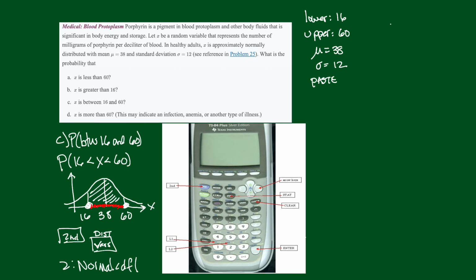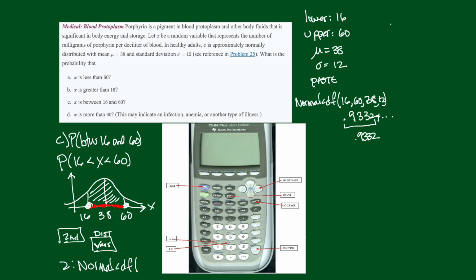And when you paste, you get normalCDF. Now I can only see the F, but then I'm going from 16 to 60 with a mean of 38, standard deviation of 12, and when I press enter, I get 0.93324 and so on. Round off to 4 places. That's a 4, that's below 5, so I'm going to get 0.9332.